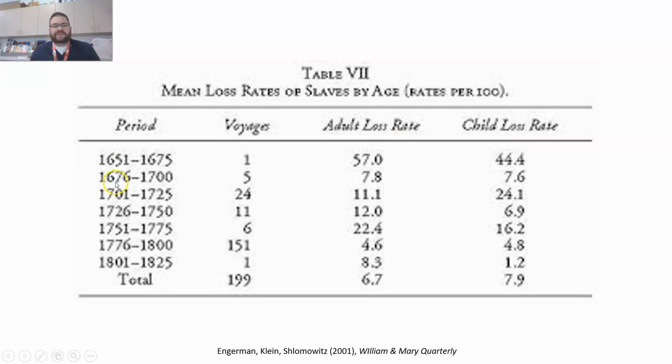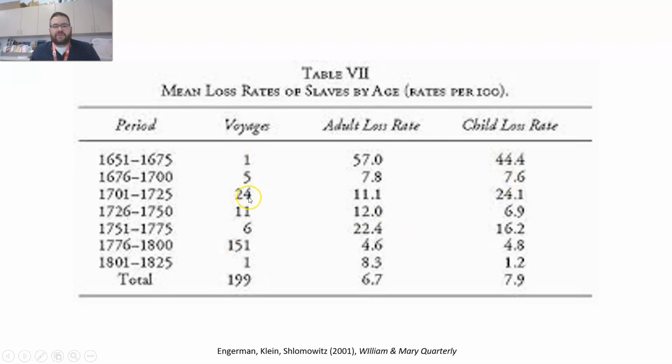In the period from 1676 to 1700, there were 5 slave ship logs that they could find where there was an average of 7.8 adult African slaves that died, and an average of 7.6 African slave children that died.